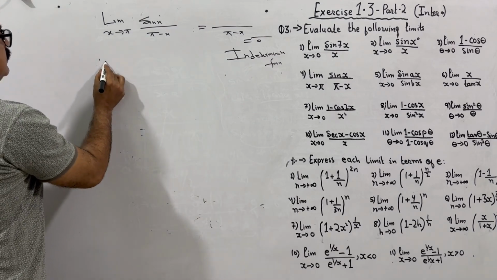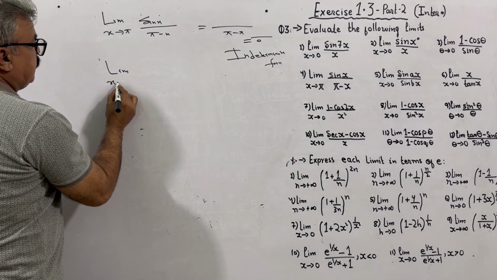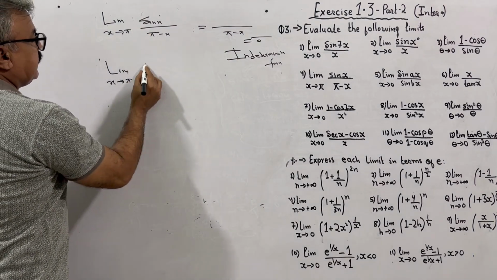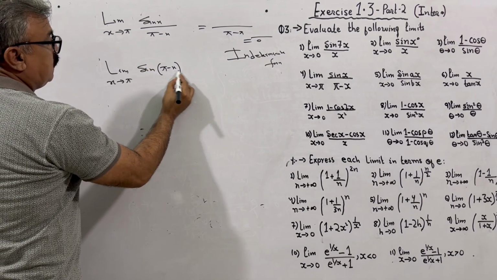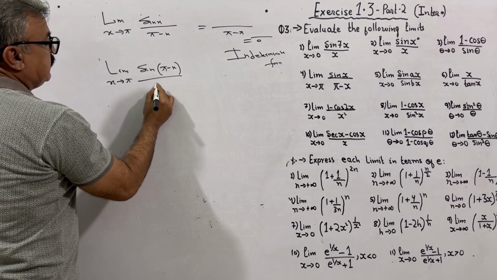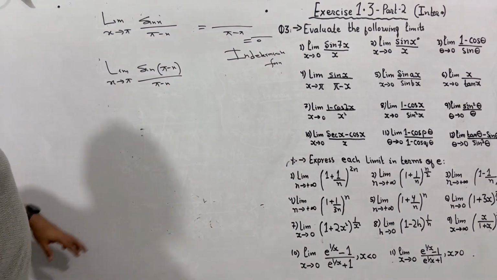Why not? It's possible. Utilizing simple trigonometry, sin x can be written as sin of pi minus x. Let me show you the equivalence.